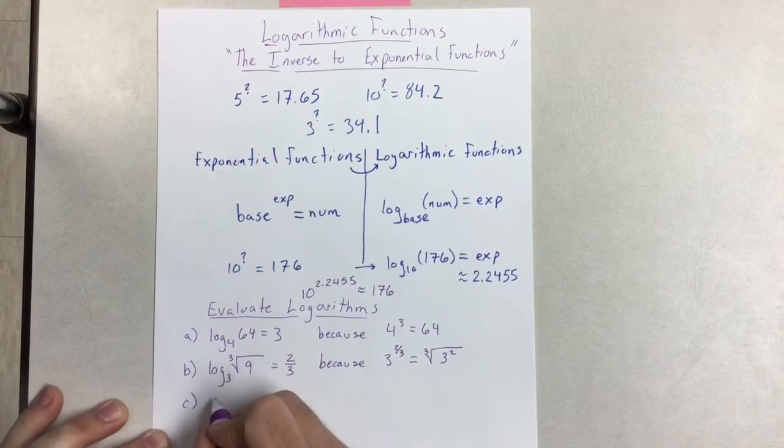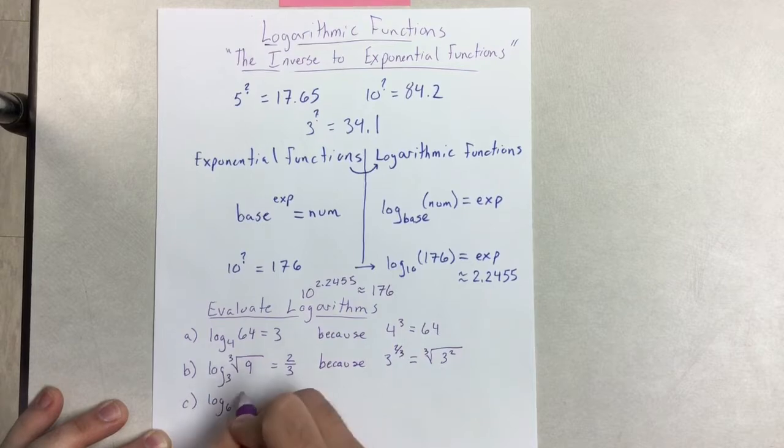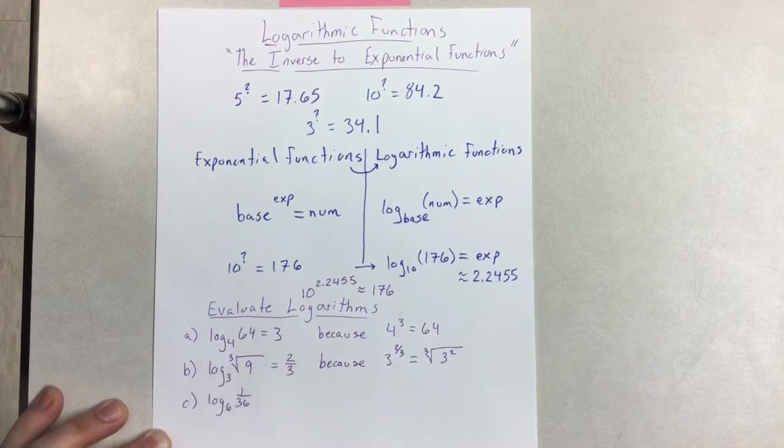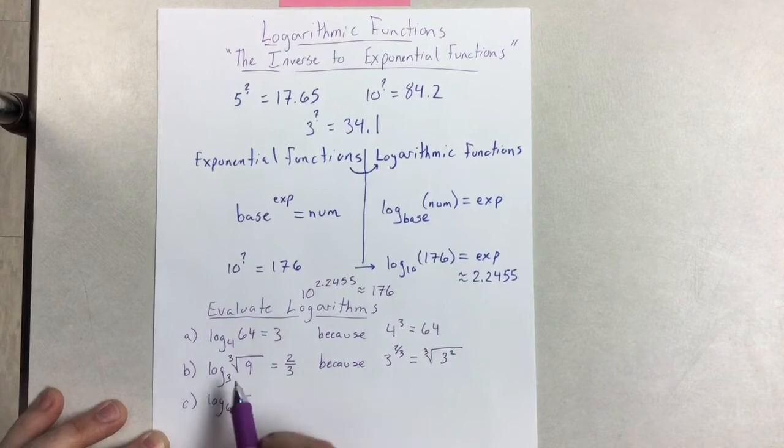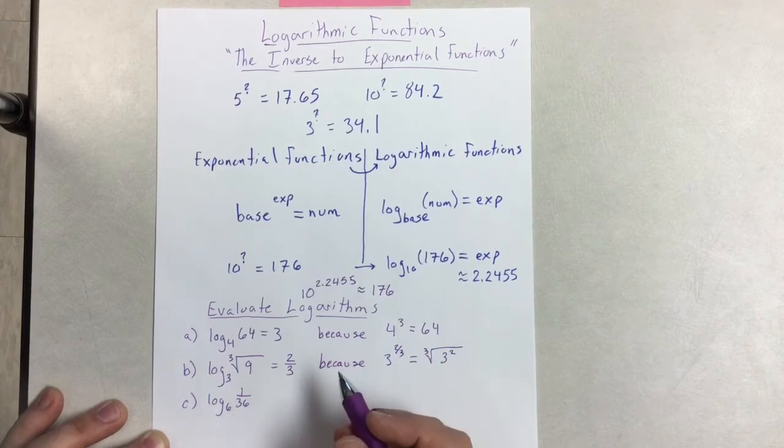Let's try another. Say we have log base 6 of 1/36. You might be looking at this and you probably reason, I want to raise 6 to some power to get 1/36. Well, if it was just 36, I would say the answer is 2.